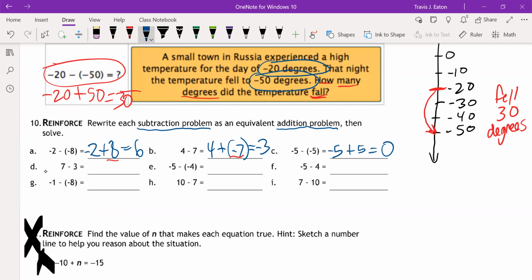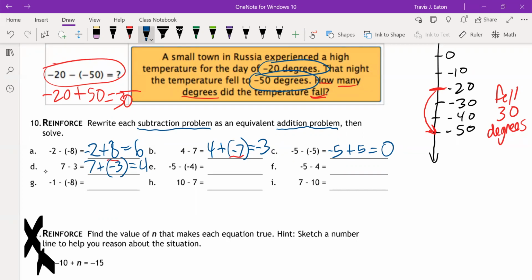Okay, well, letter D. Let's move on. 7 minus 3. Well, that's going to be 7 plus negative 3, because that's the opposite of 3. And we add 7 and negative 3, and we get 4. Why? Because I've got more positives than I have negatives.